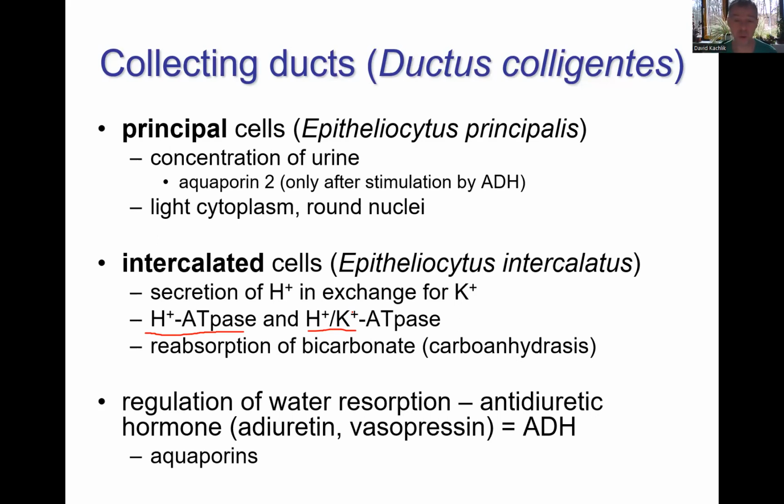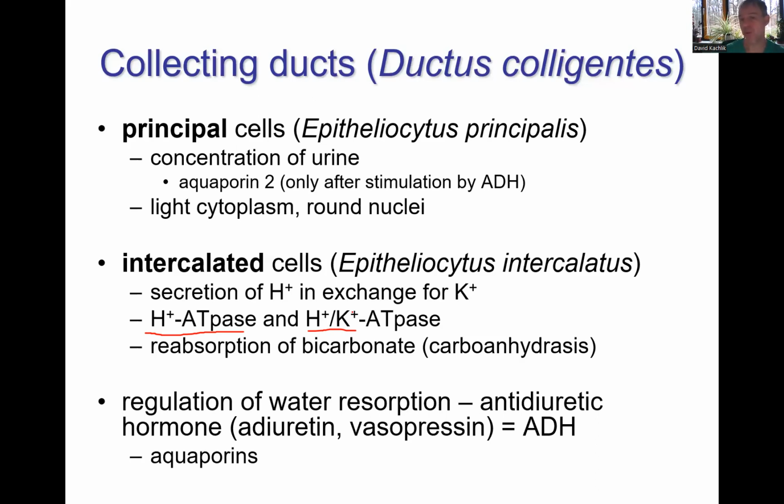So we try to reabsorb bicarbonate by way of carbonic anhydrase. And the bicarbonate helps us to neutralize the protons. But there are too many of them, so we try to get rid of them by these two ATPases. So you can see that the body tries to save sodium, so it exchanges sodium in the sodium-potassium ATPase. But then we will lose too much potassium.